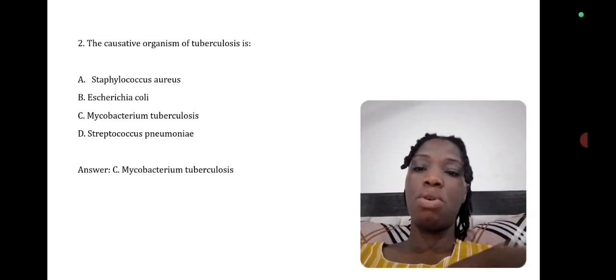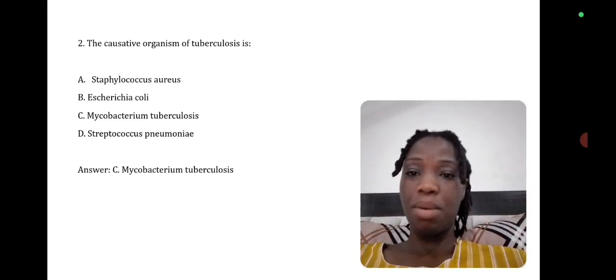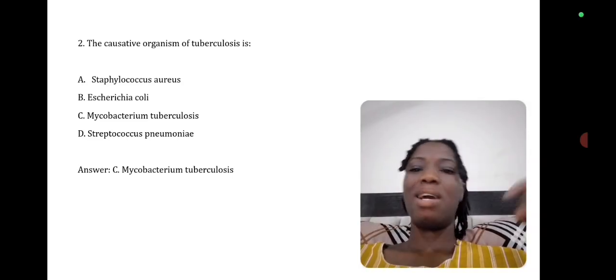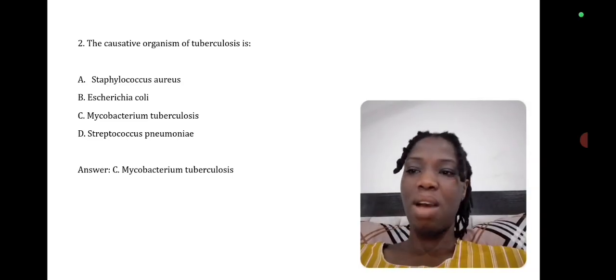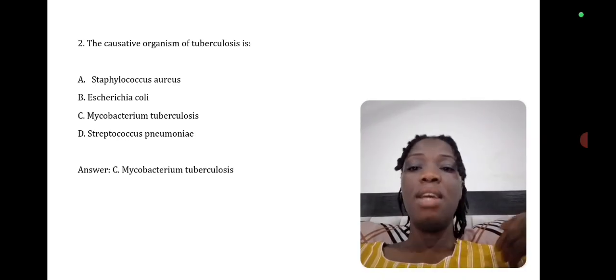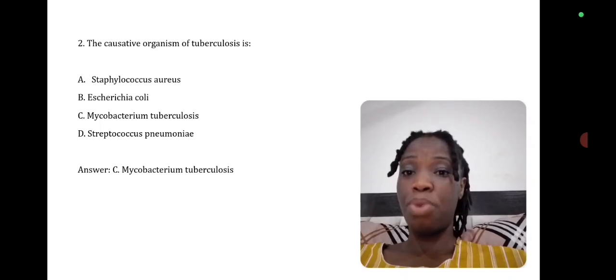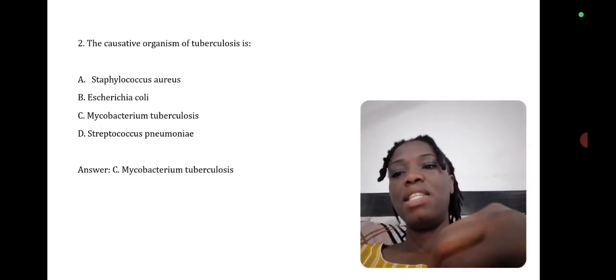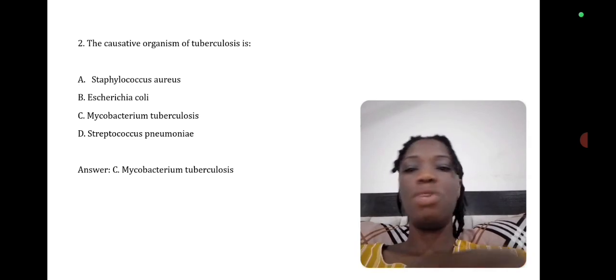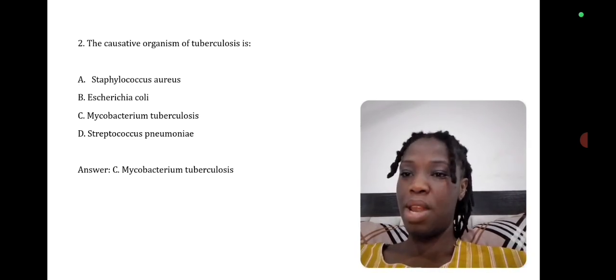Option A, Staphylococcus aureus, is a bacterium that normally affects wounds, causes abscess, and can cause boils. B, Escherichia coli, E. coli, is the one you find in your gut and intestine. In severe cases, it can cause food poisoning. Then D, Streptococcus pneumoniae. You've seen it there, pneumo. You know it causes pneumonia.